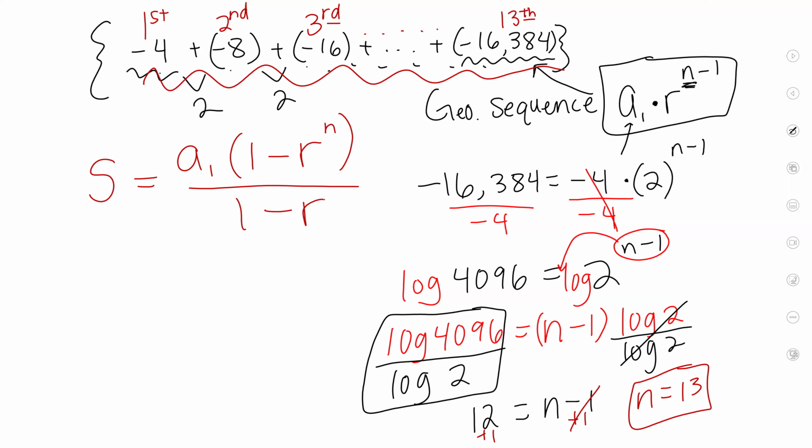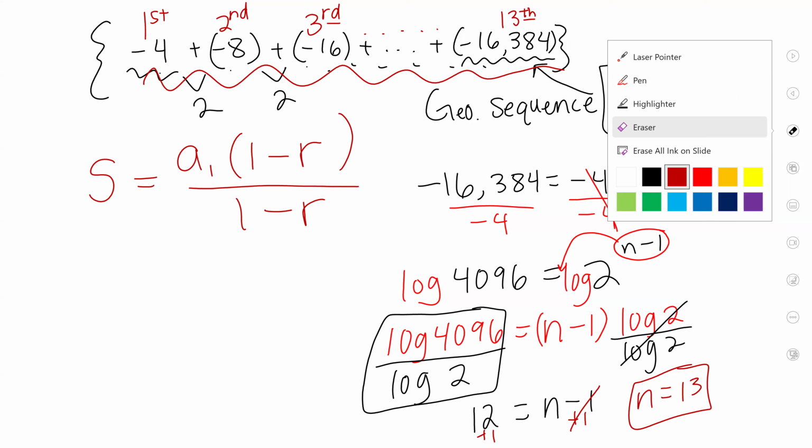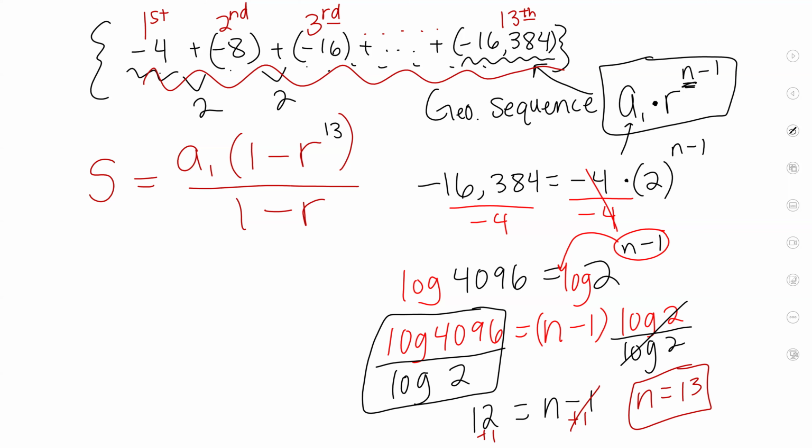Okay, so guys, how many numbers are we adding together? 13, we just found that out. So I'm going to plug in a 13 for the n value. What is our ratio? 2. And what was our very first term? Right here, -4.